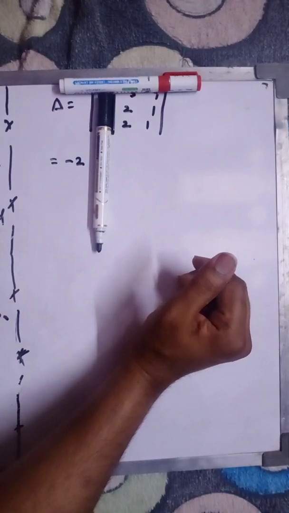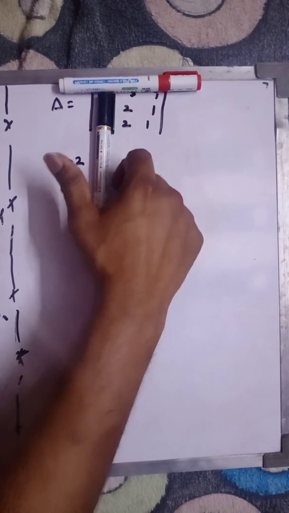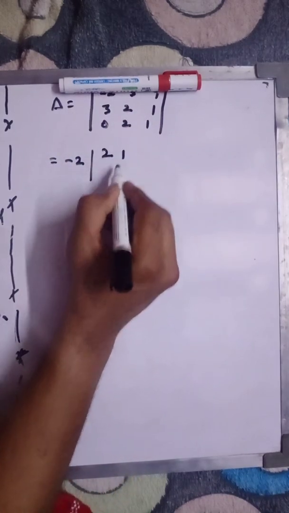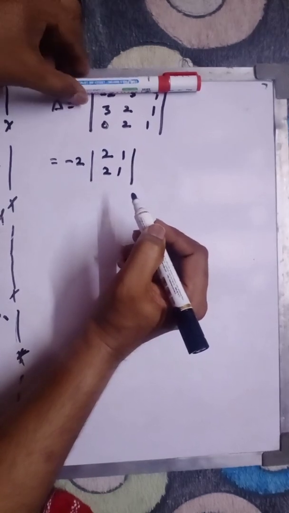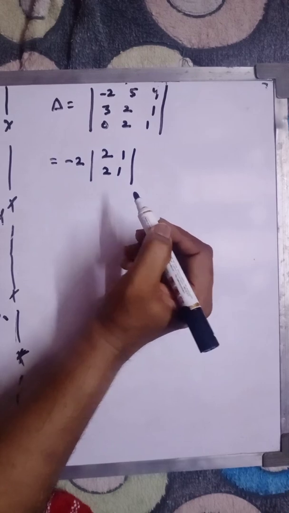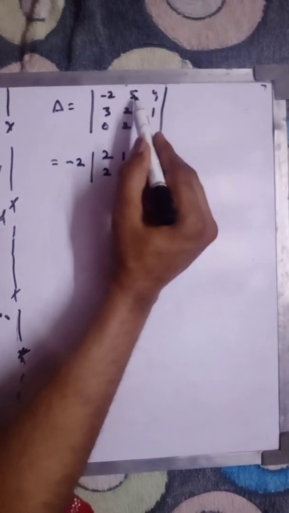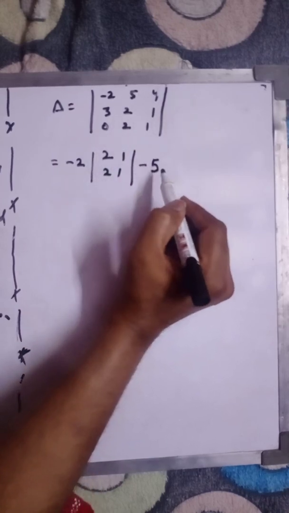So the rest of the elements are 2, 1 and 2, 1. So I'm writing these elements like this. Fine. Now we have to write 5. So if it is a middle term, then at this place you have to write -5. Fine.